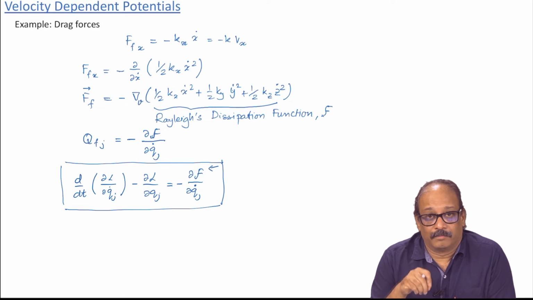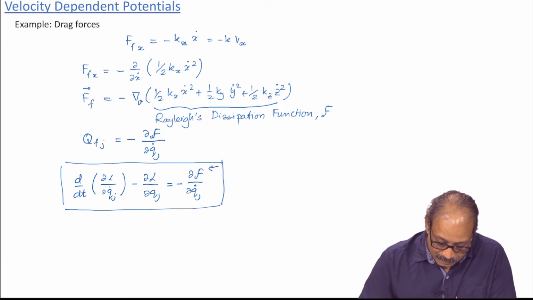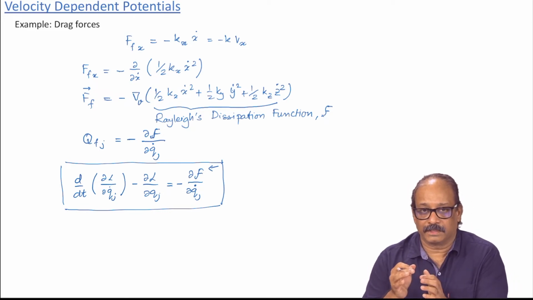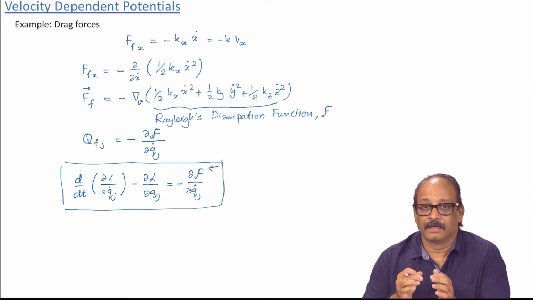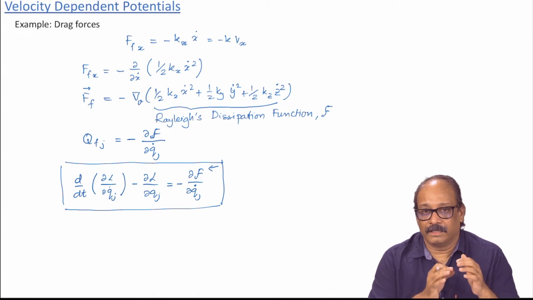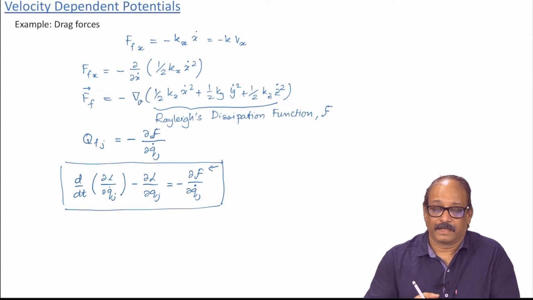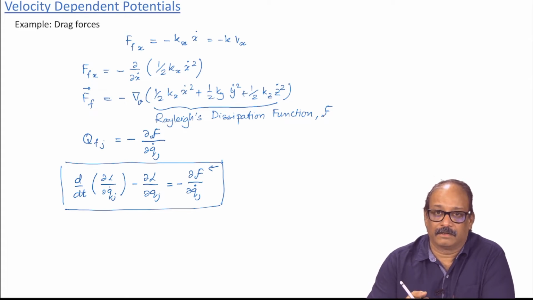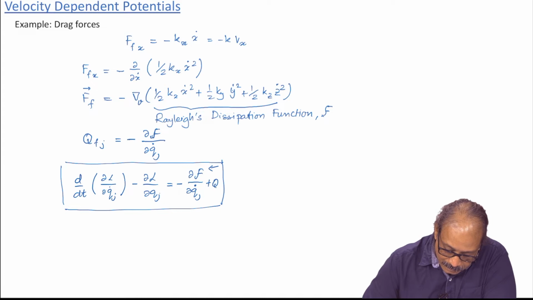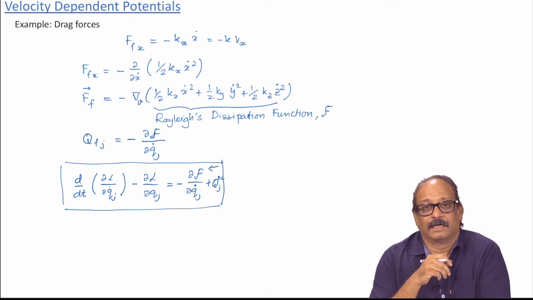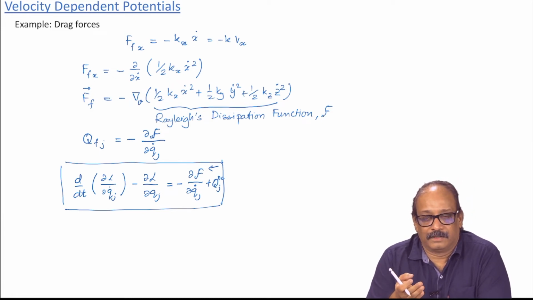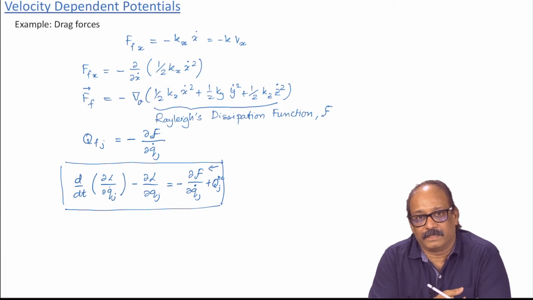What if there are more forces present? Of course, remember that this is not the end of the story, but if there are dissipative forces which can be described by Rayleigh's dissipation formula, there are forces which can be described using generalized potential, all these will come here, and in addition to that, if there are more forces which cannot be put in either of these two forms, of course, I will have to retain those as they are, and I will again call that QNC, but basically what we mean is that I cannot put these forces in any of the forms which I have already considered.